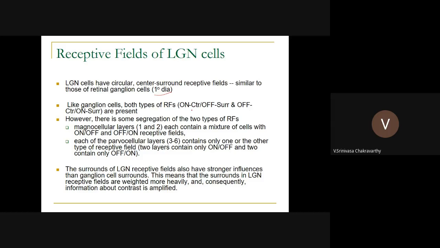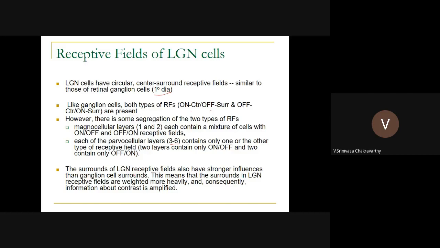They have either on center off surround or off center on surround, right? Two kinds. Then magnocellular layers contain a mixture of cells with on-off and off-on receptive fields, and the parvocellular layers, that is 3 to 6, contain only one or the other type of receptive field.